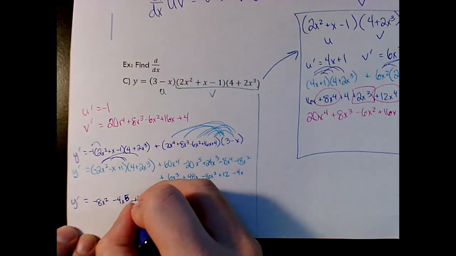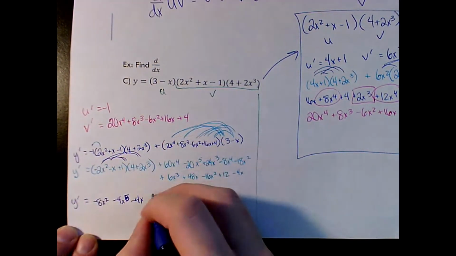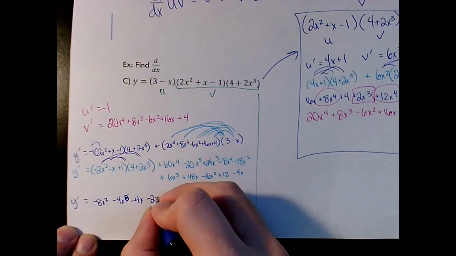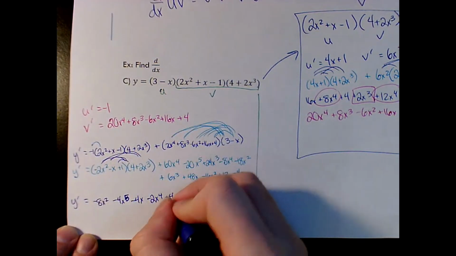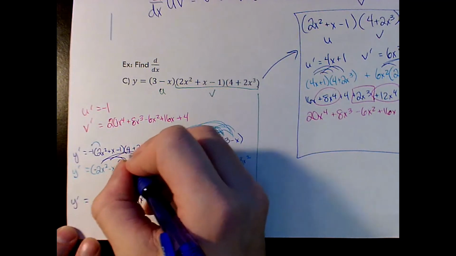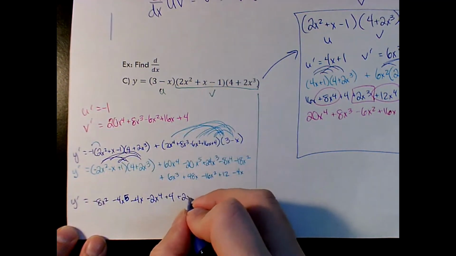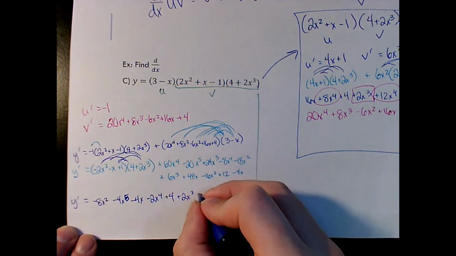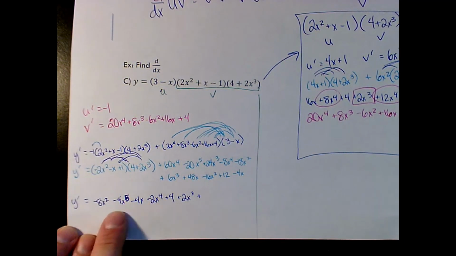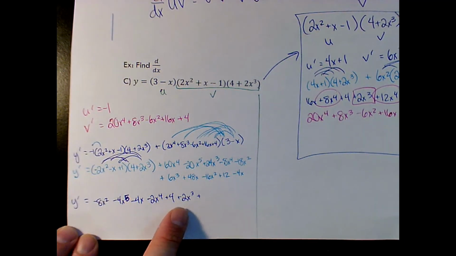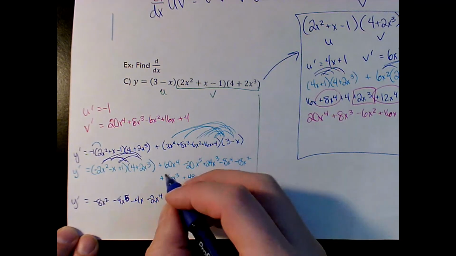Minus 4x, minus 2x to the 4th plus 4, plus 2x to the 3rd, plus, let me be cute here. Do any of these combine? No. So this is what I'm going to do.